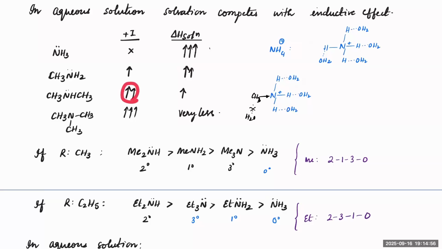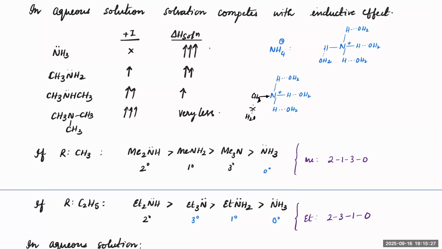Every time plus I increases, solvation decreases, correct? So both cannot offer the same stability at the same time. If one is giving plus I, its solvation will have to decrease. That's why both are opposite, indirectly proportional to each other. Hence, only experimentally can we identify which has more dominance.